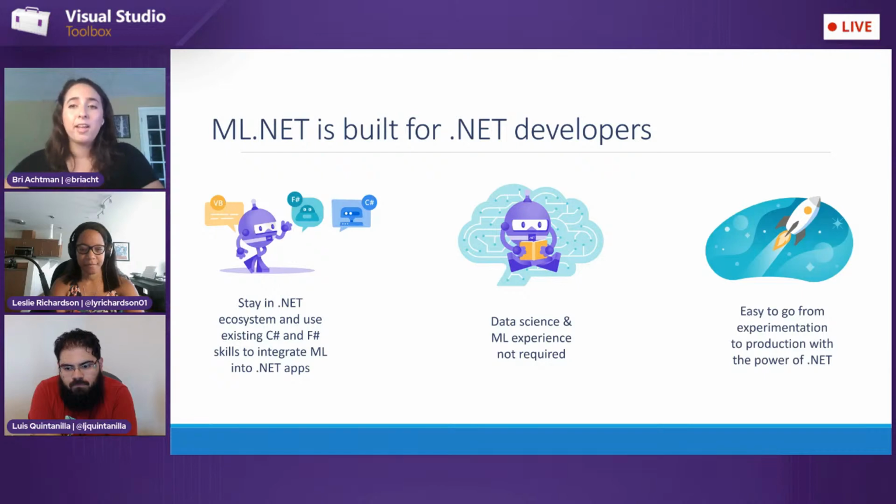And because it is .NET, it makes it really easy to go from that experimentation process that Louise showed off in the workflow side to production. Because if you're working in, say, Jupyter Notebooks, or you're working in Python, it's not super easy, and it's actually a big industry-wide problem right now to go from that experimentation and training to production. So the fact that this is in .NET makes that a lot easier.